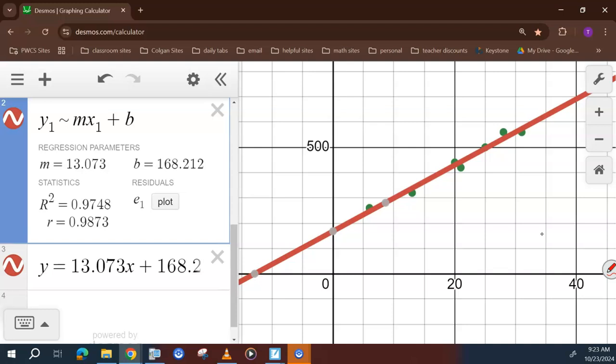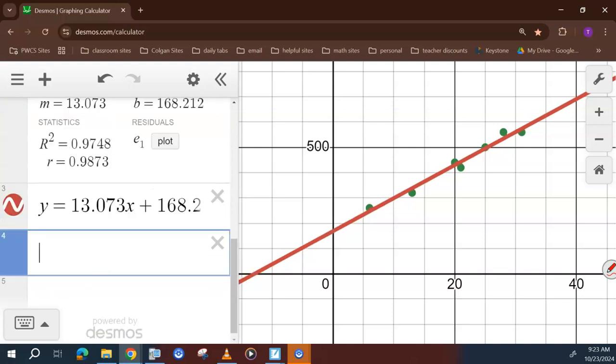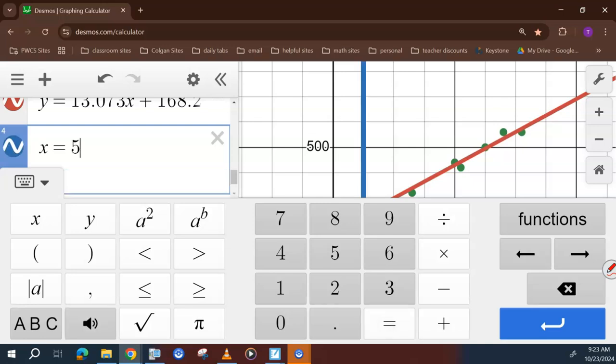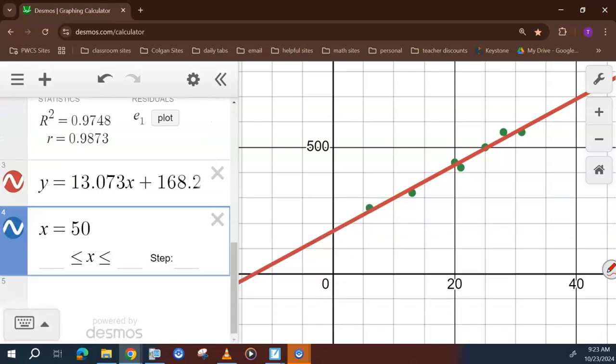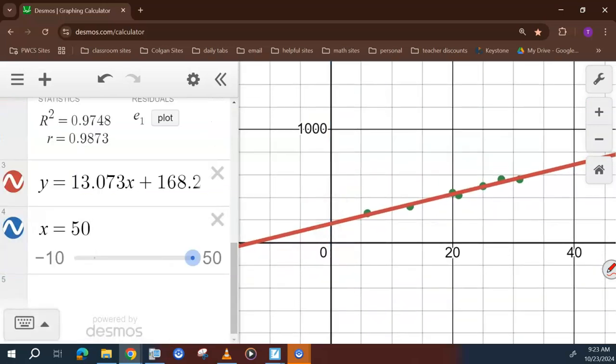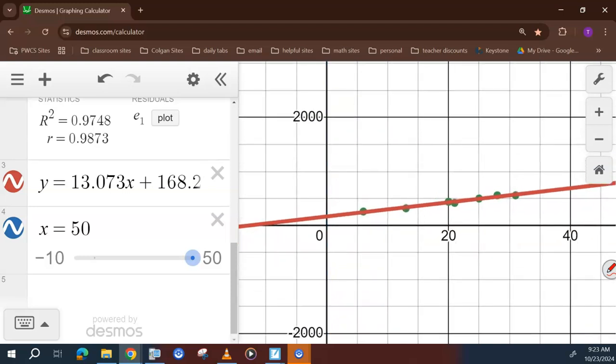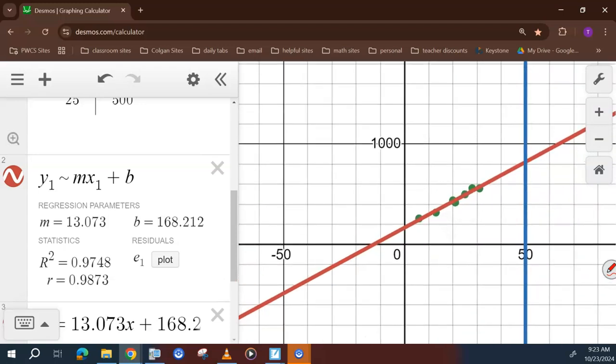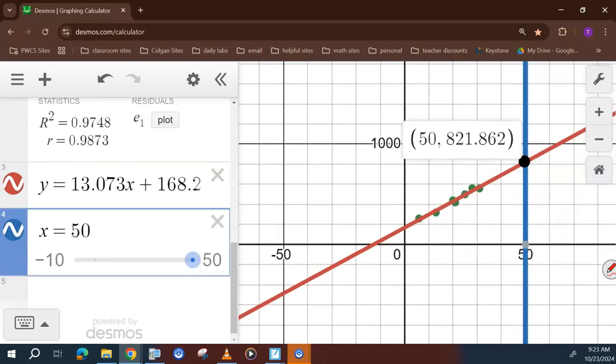Okay. If you had to find some value, so in this example we don't, but if we did, let's say I needed to find when x was 50. Just giving some example. I would type in x equals 50. I would look for where those two lines cross. That's not what I meant to do. There we go. And that y value would be my answer.